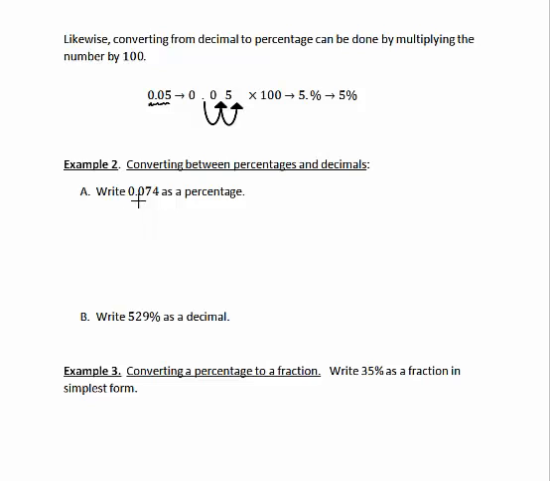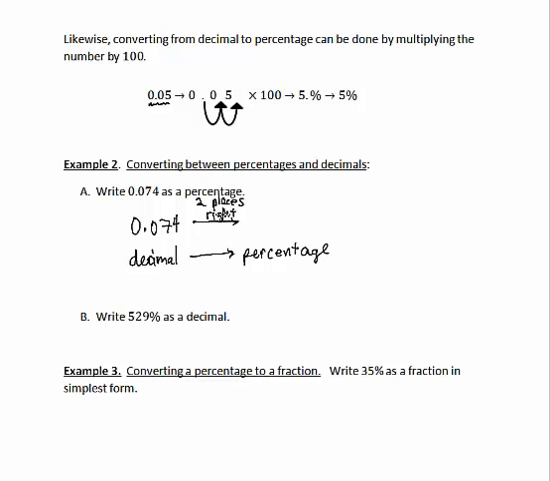So with example 2, we are given a decimal format of a number, and we want to write it as a percentage. So to go from decimal to percentage, what do we do? Okay, we move 2 places to the right.